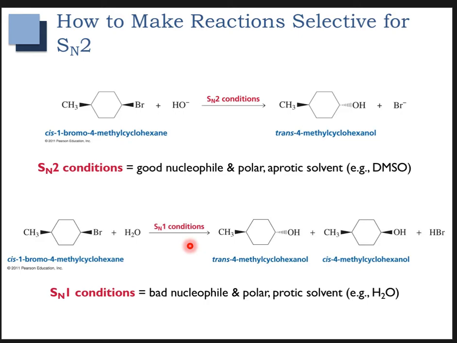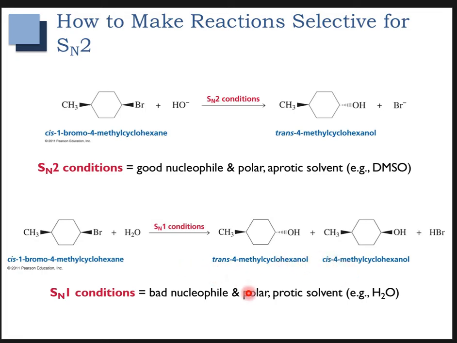For SN1 conditions, you typically need a bad or weaker nucleophile. So water would do the same reaction, right? Hydroxide here is just replacing the bromine. Notice that you have the inversion of stereochemistry, whereas in the SN1 situation, the water is going to attack only after the bromine has left. So you're getting a mixture of stereoisomers here.